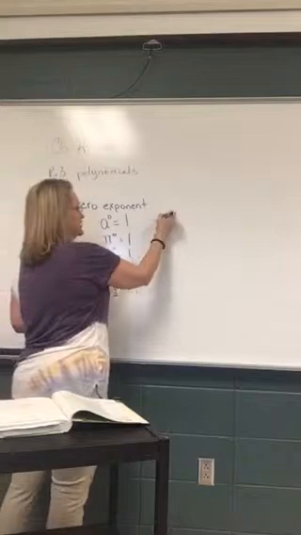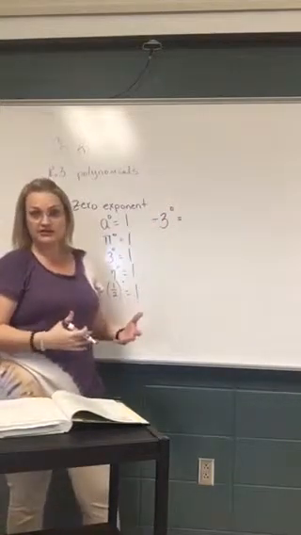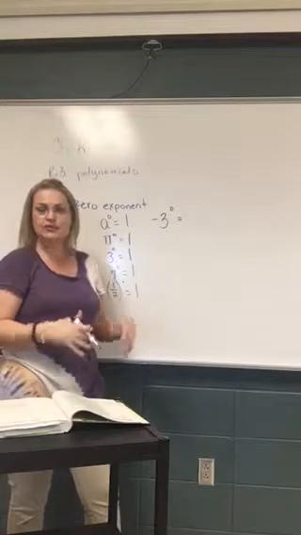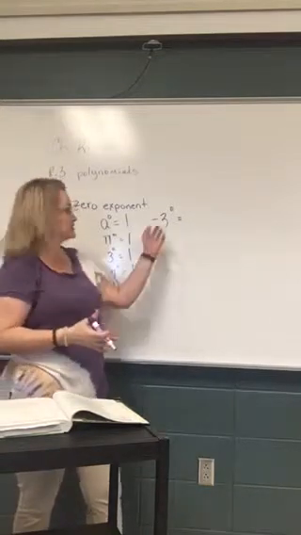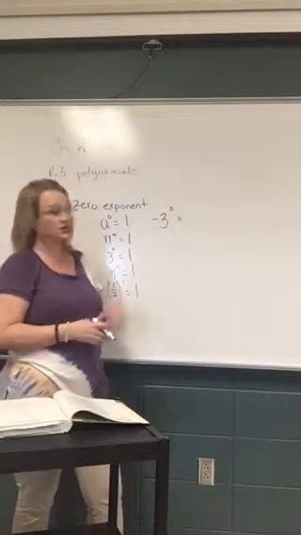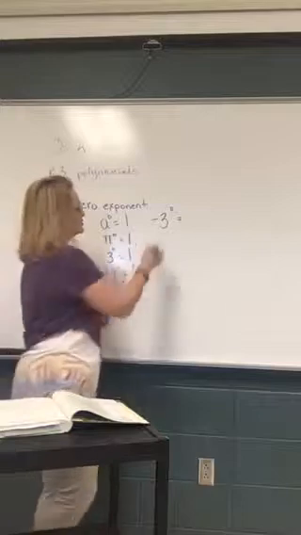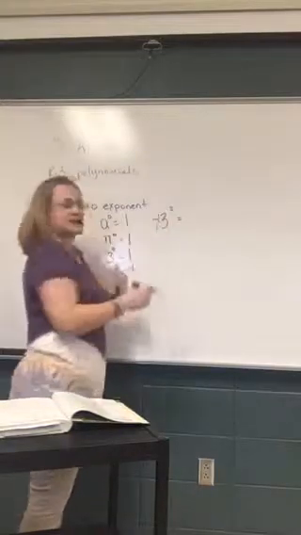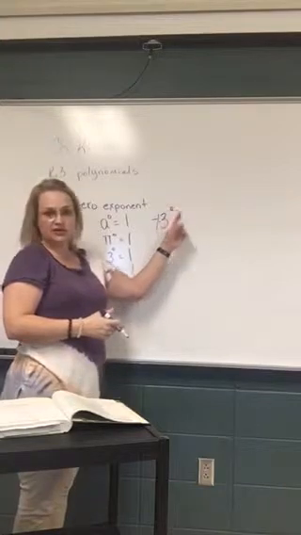Now, if we say negative 3 to the 0, this negative is not in a parenthesis. Like I mentioned on the last example, you need to have a parenthesis around your negative sign if it's going to be part of what's happening out here. So this negative is not specified going to the 0 power, so it's like a negative 1 multiplier in front of that. Just the 3 is to the 0.